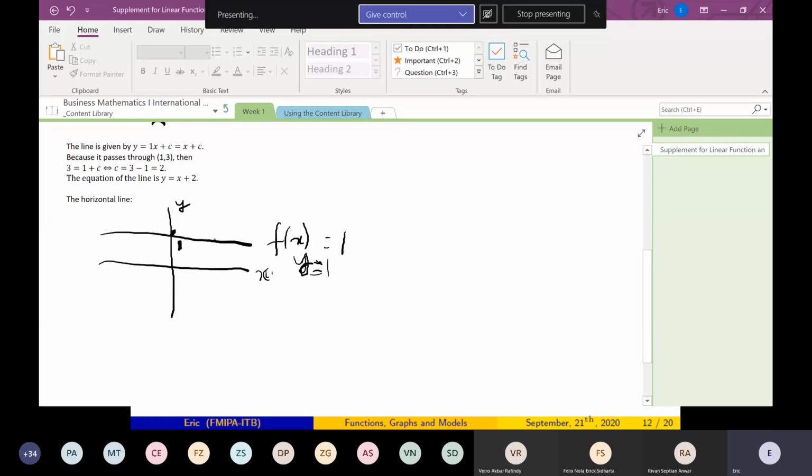So for all x, the height is given by 1. It's always 1 for all points. So what is the slope here? Can you guess?